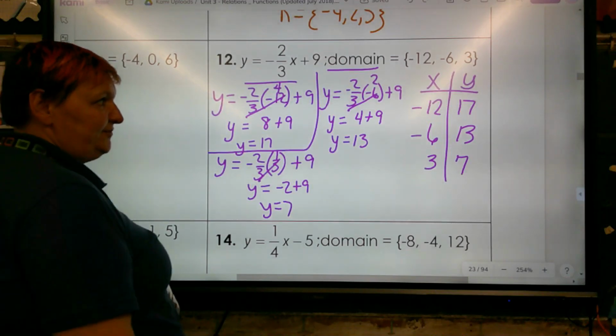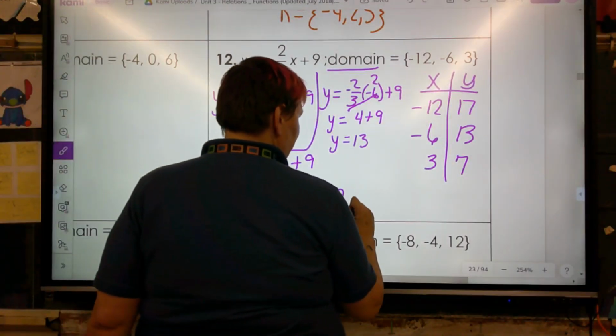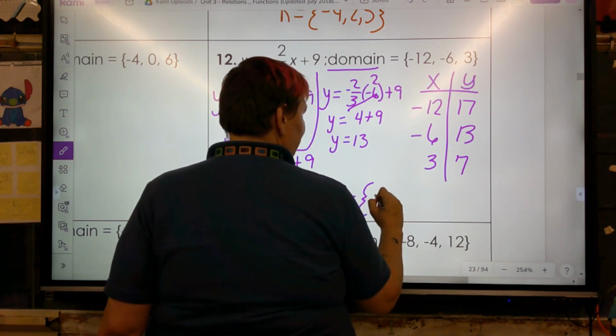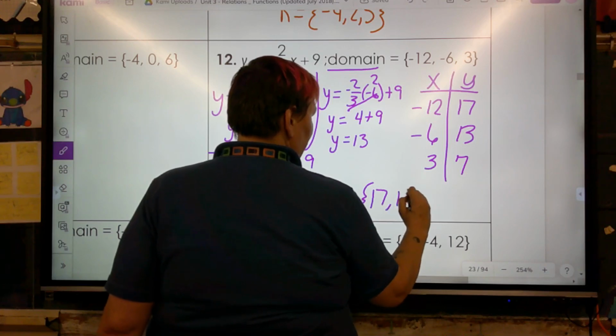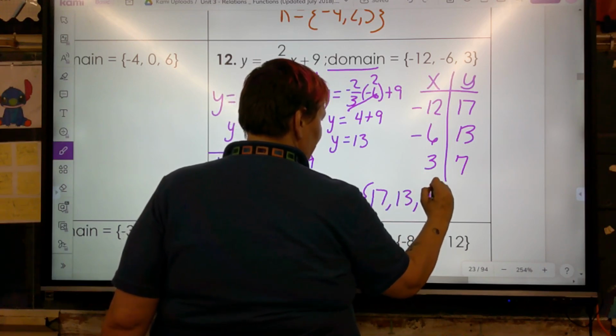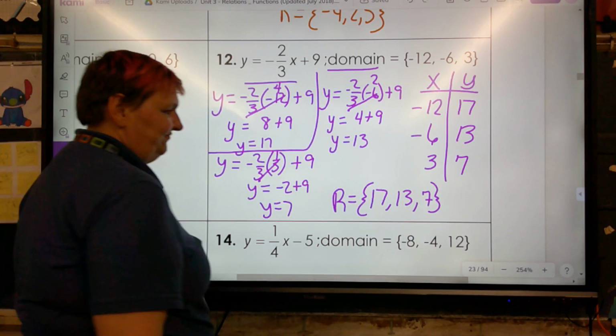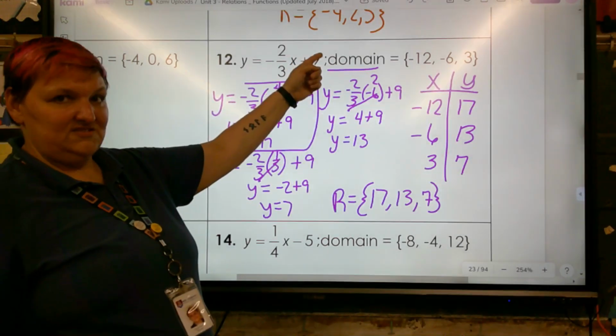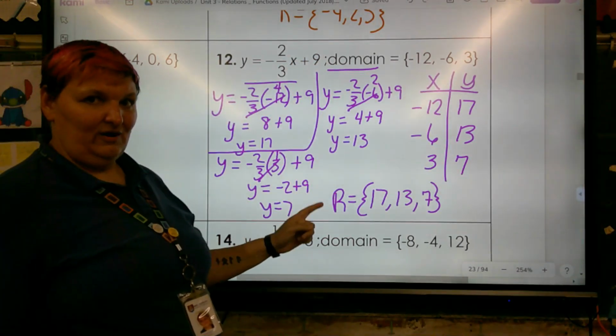Again, the table is acceptable. But if you're listening and not just watching, you'll know that this last step is helpful, but not necessary. Domain, x values. Range, y values.